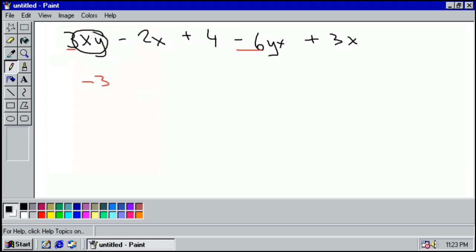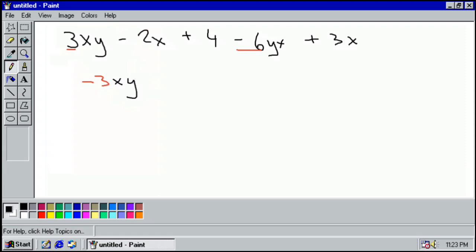Now, since our variables xy and yx are the same, you can choose either of those two. So we can have xy, you can also have yx. You can choose any of that, but I like to have it xy.